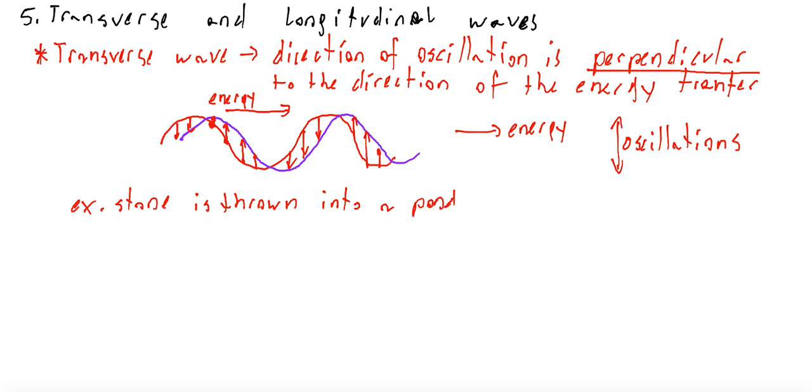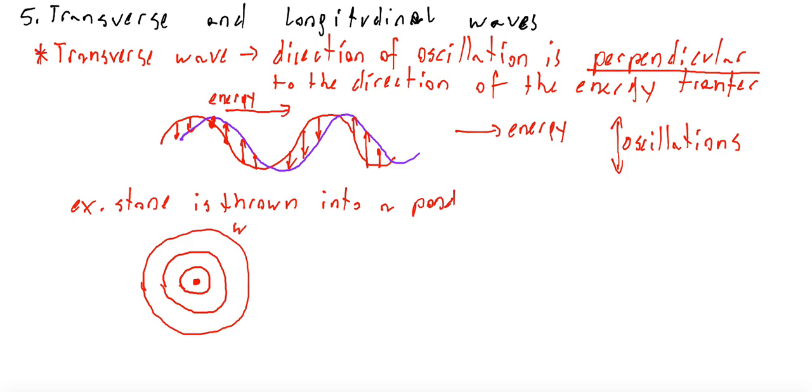Let's use a top view. The stone hits the surface of water here, and the crests of the waves, or wavefronts, are distributed along this point. You see? So these are wavefronts.